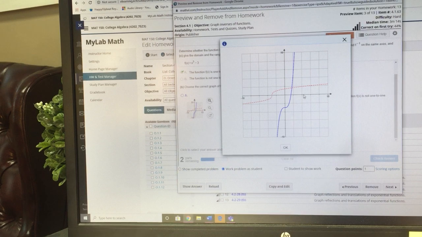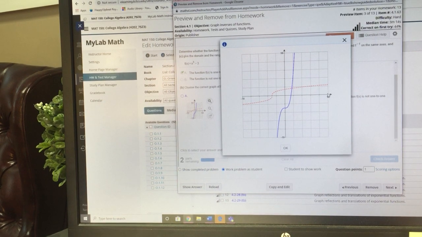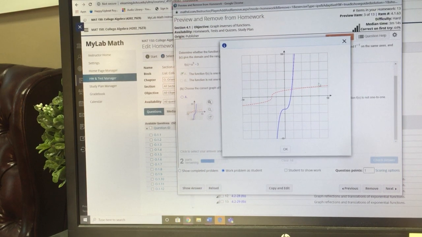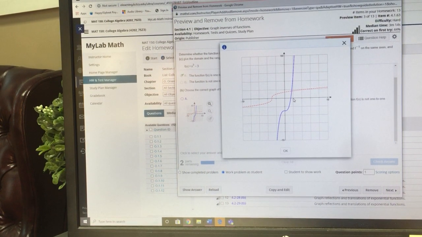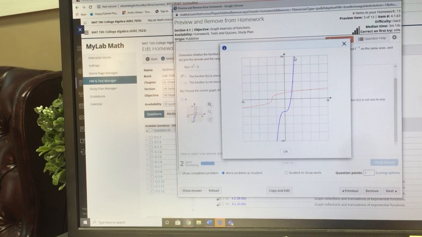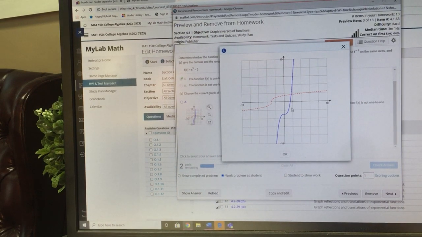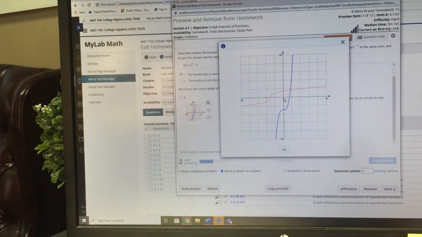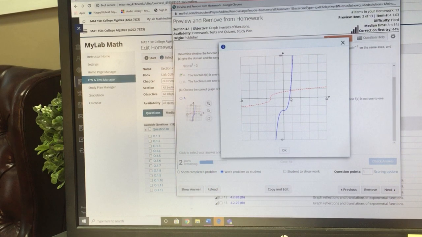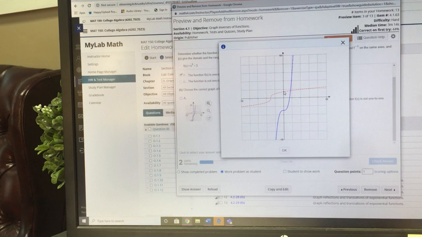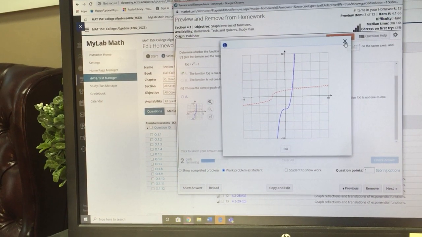If I switch those values, a little more than 2 should go up to 10. If I switch the two values, the graph hits that. So right here, it crosses the axis at almost 2. So this is the right one right here.